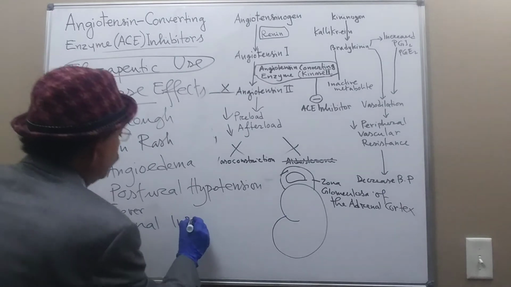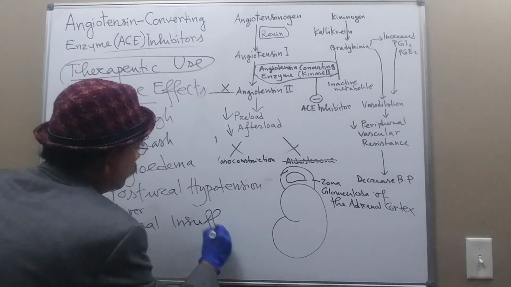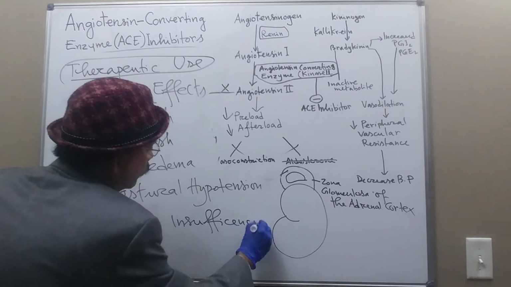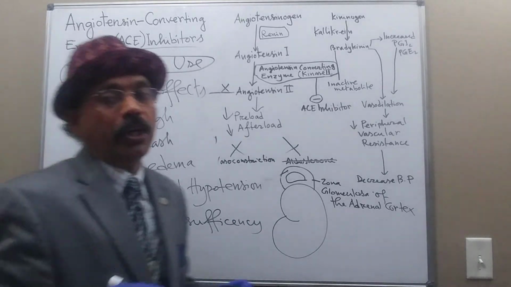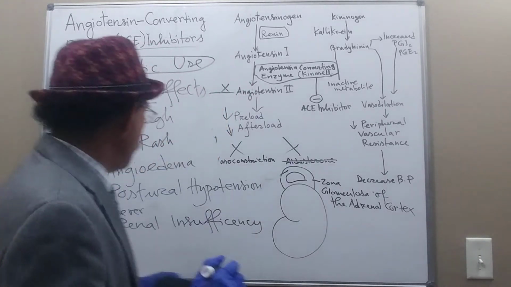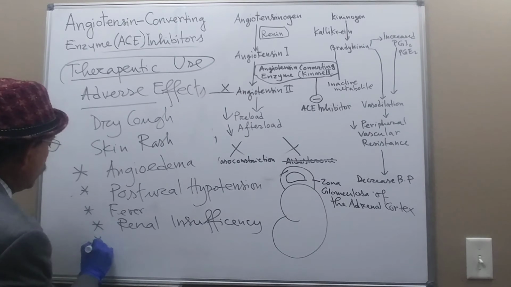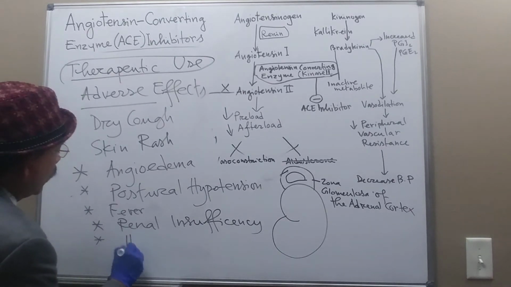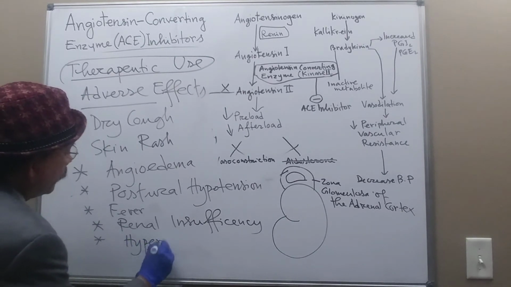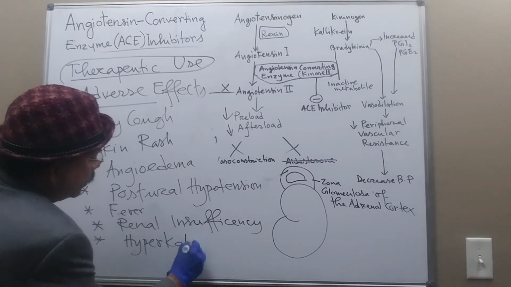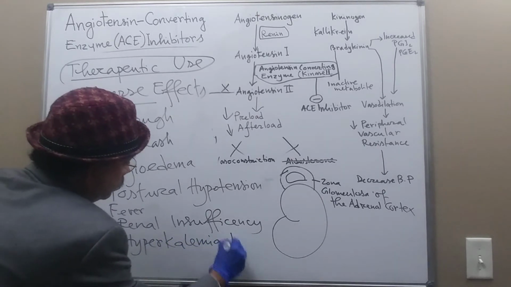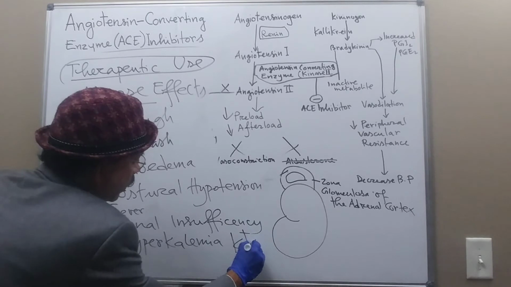Although it is a good drug for a patient with diabetic nephropathy, it will cause hyperkalemia, or excessive potassium in the body. Potassium will be very high.